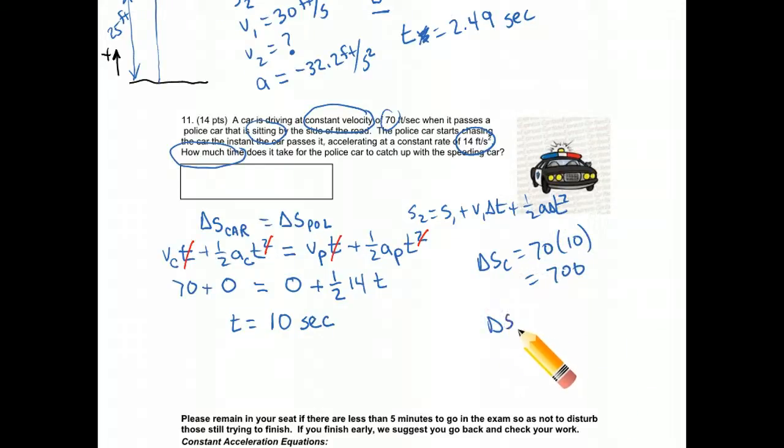And the delta S of the police car is going to be 1/2 times 14 times 10 squared. That comes from this term, where the initial velocity of the police car was 0. If that equals 700, I'm pretty sure my answer's right.